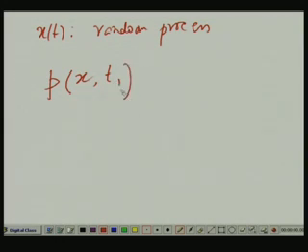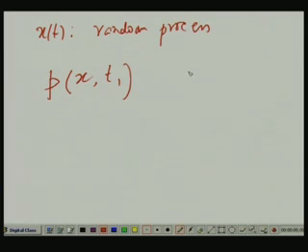What does it mean? That if you observe this waveform x of t at time point t equal to t1, then you have a random variable x of t1. It is the probability density of that random variable, so that random variable lying between x and x plus dx is given by this density times dx.